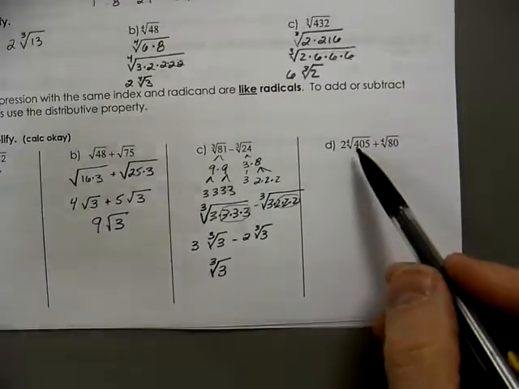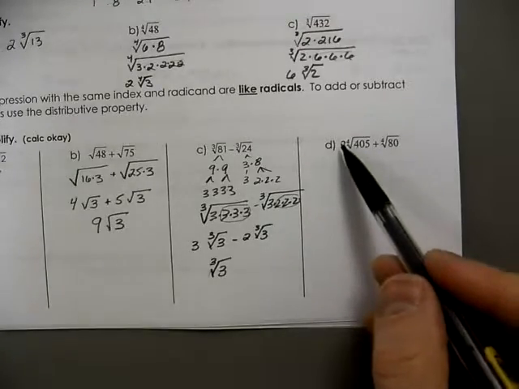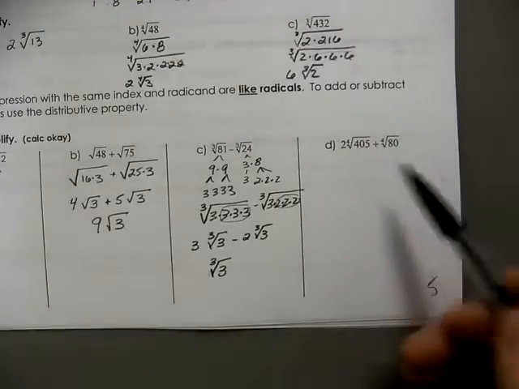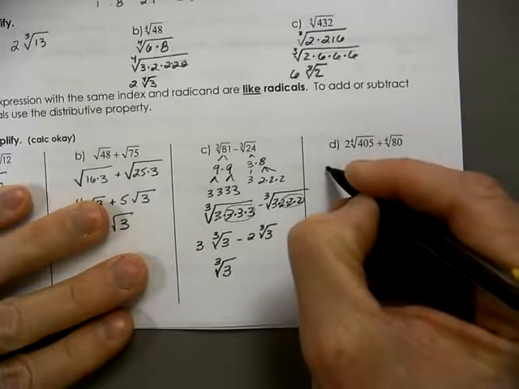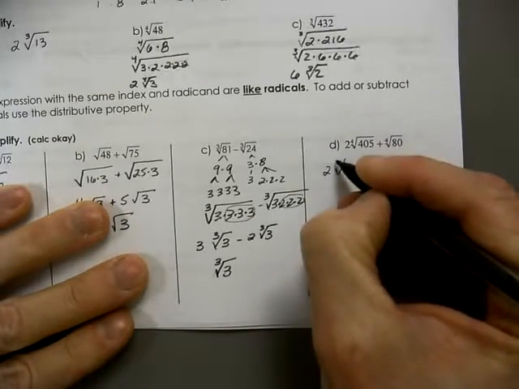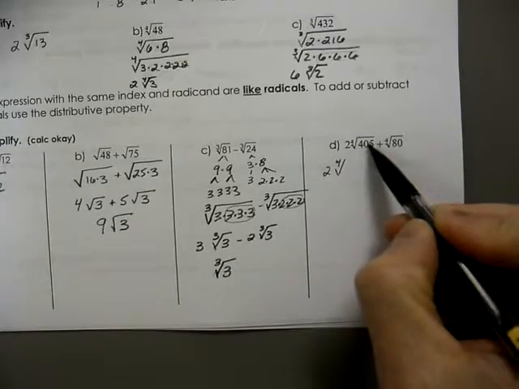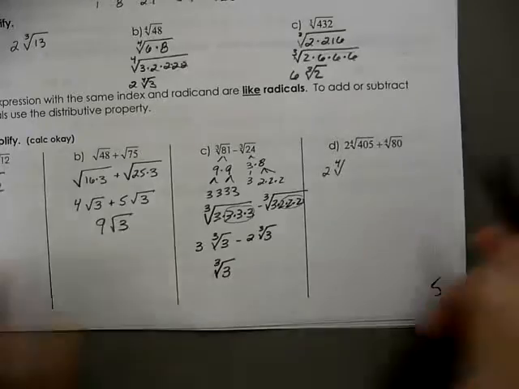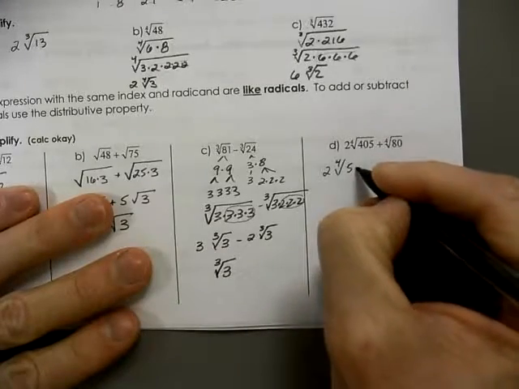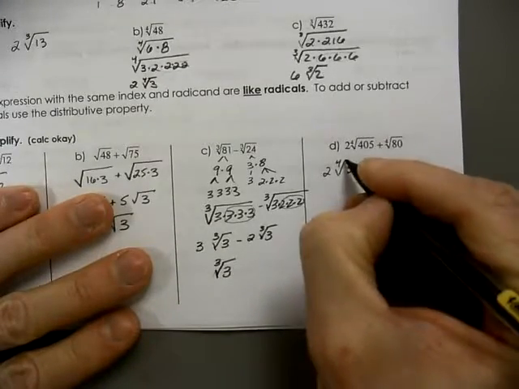Okay, let's take the fourth root of 405 and just start breaking that apart. I know that 5 goes into 40. I know that 5 goes into 5. So this is 5 times 81.